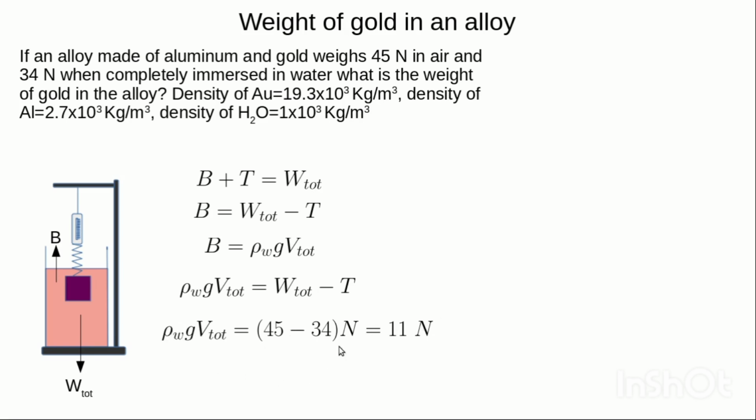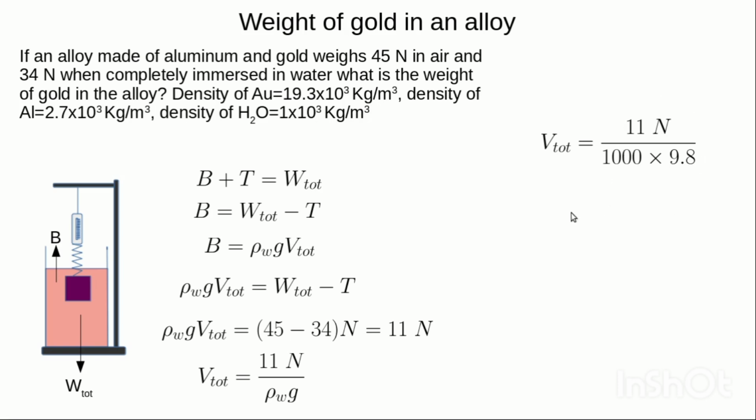From this point, we make V total the subject of the formula, which is equal to 11 Newton all over rho of water and g. So V total equals 11 Newton all over the density of water, which is just 1000 times 9.8. We can stop here, because there is no point moving further; leaving it this way will help as we move on.